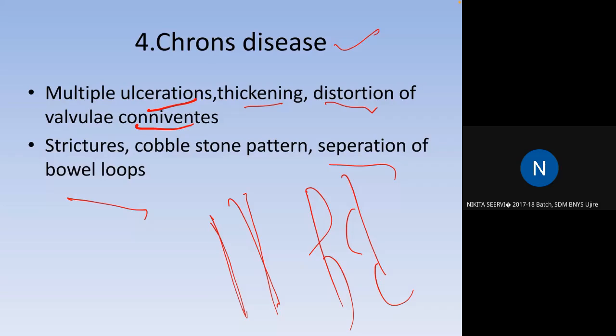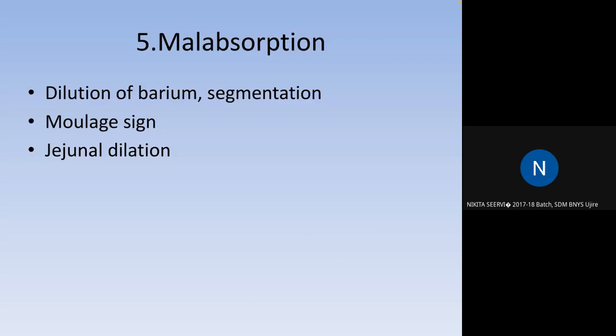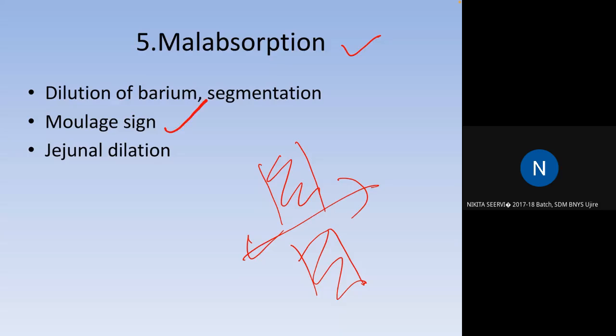In malabsorption, you can see that the barium is present in one region and not present in another region. This is known as the moulage sign, and you can also see jejunal dilatation because the motility of the small intestine is reduced. So the jejunum is holding up all the barium.